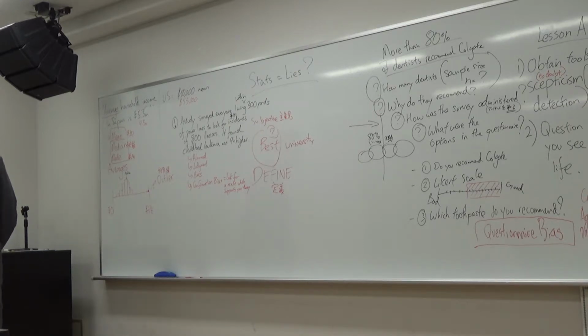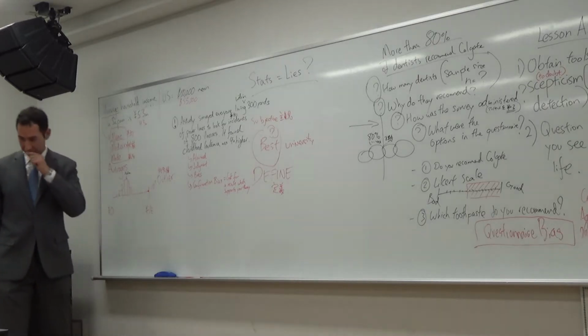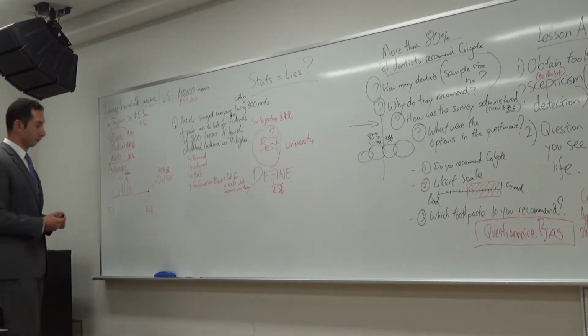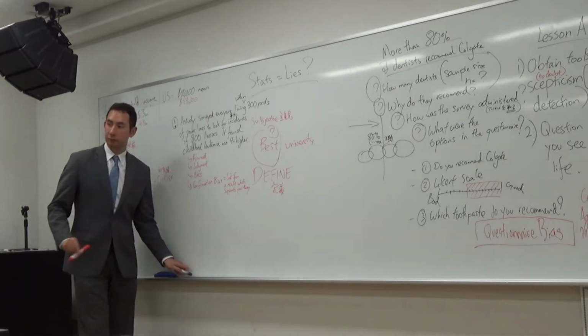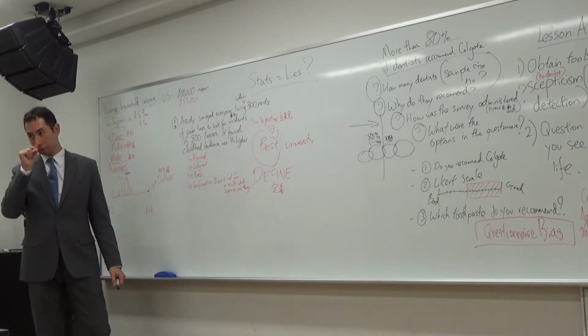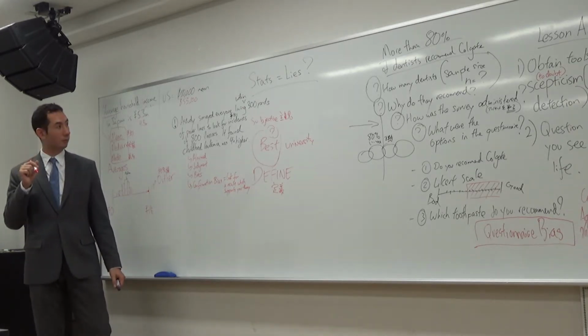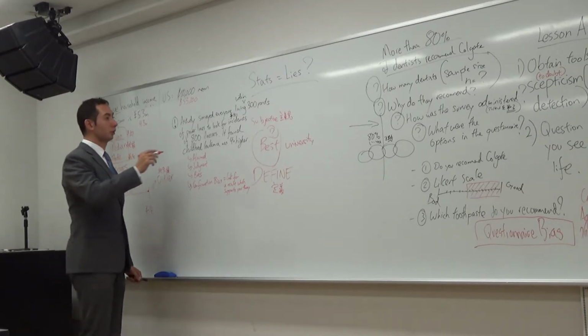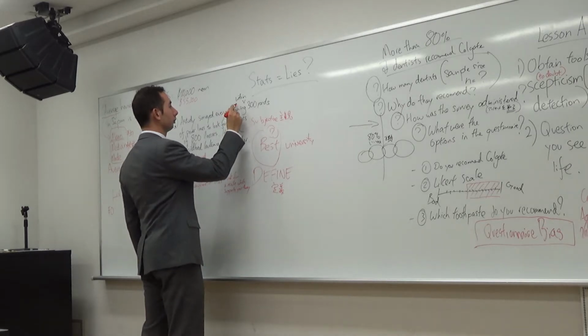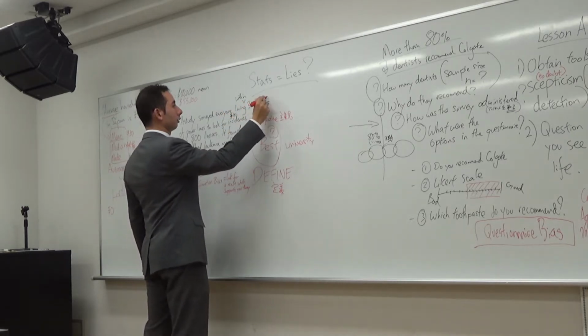At first, I want to know how many people live here. What percentage of the people is living within 300 yards? Okay, why?